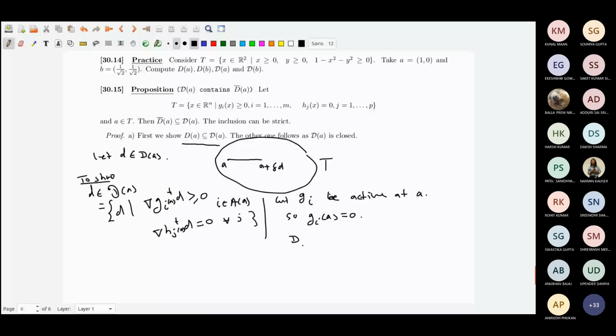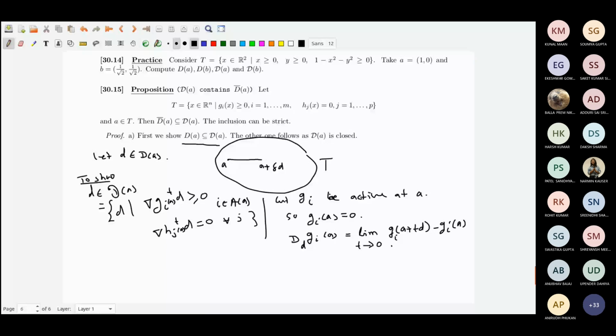So what is that definition? That definition is the limit as t goes to 0 of Gi(A plus tD) minus Gi(A), divided by t. That's the directional derivative of a function along the direction D, right? But Gi(A) is equal to 0.